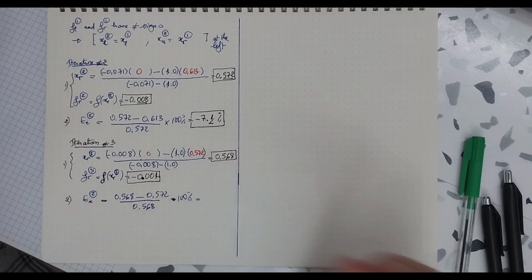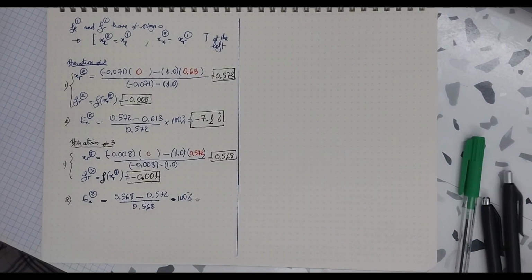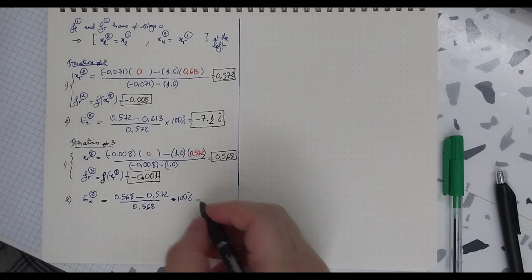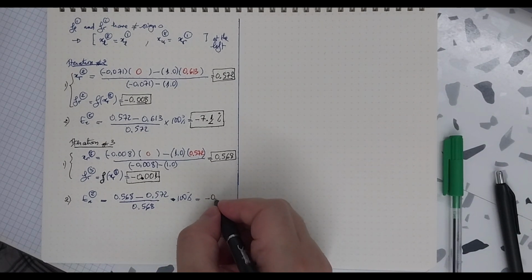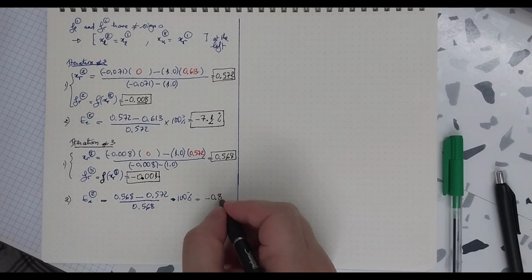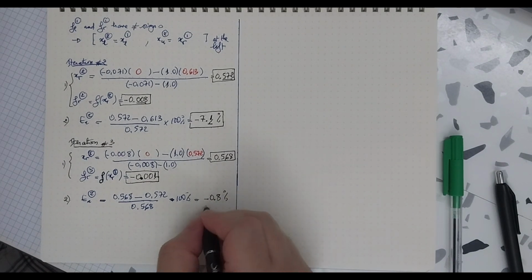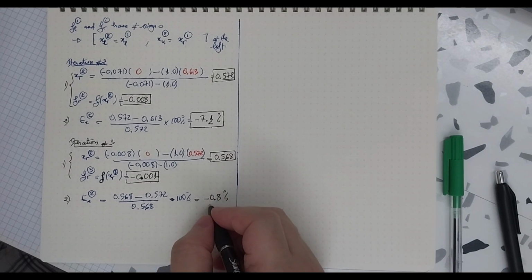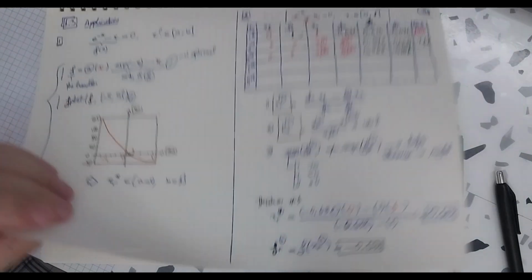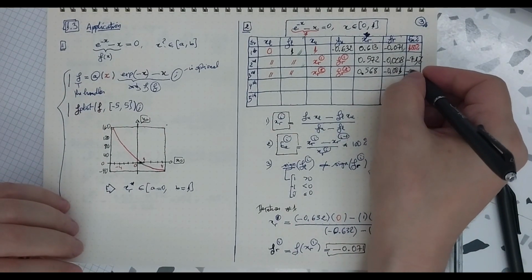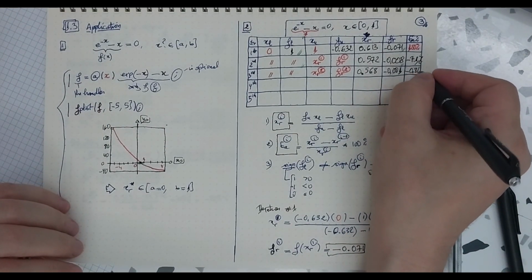And I find the value minus 0.8. So it decreases to a value that is less than 1%. So here I have minus 0.8%.